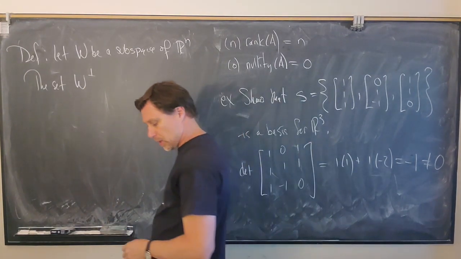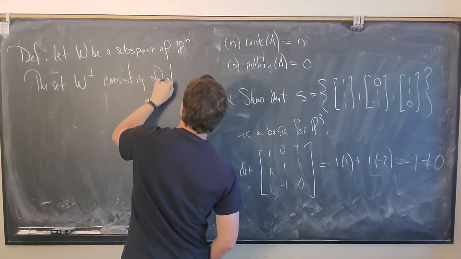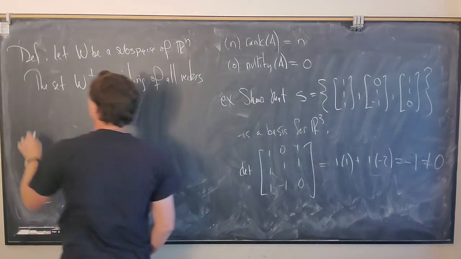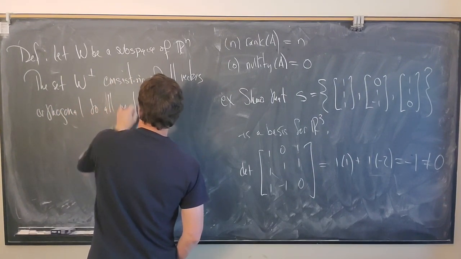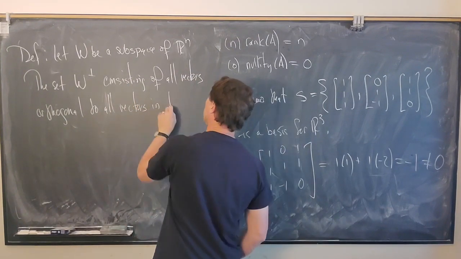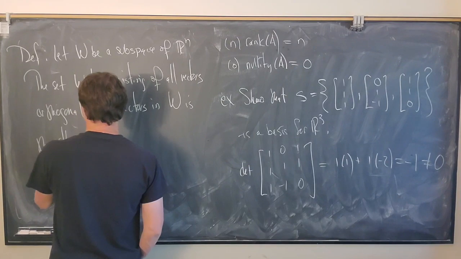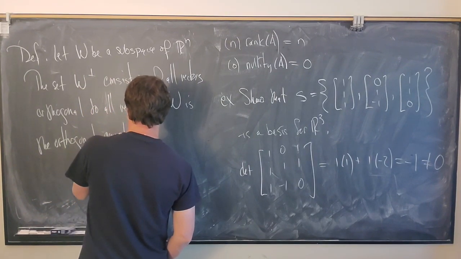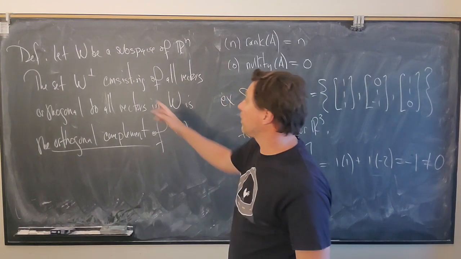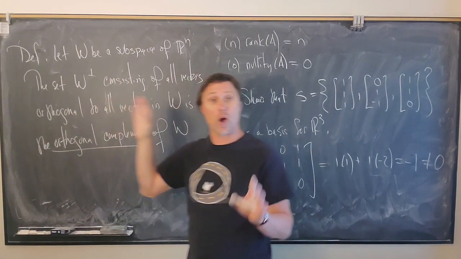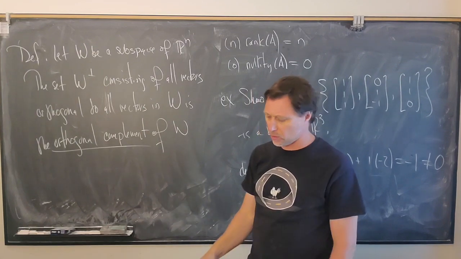The set W perp consisting of all vectors orthogonal to all vectors in W is called the orthogonal complement of W. All right, so start off with this subspace, identify all vectors in Rn that are orthogonal to every single vector in W. Right? That set has a name. It's called the orthogonal complement.